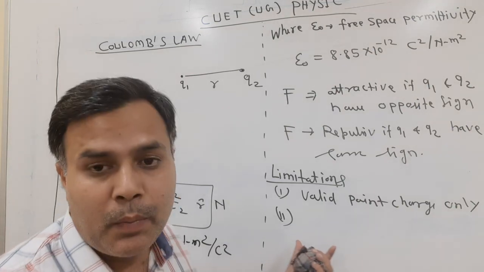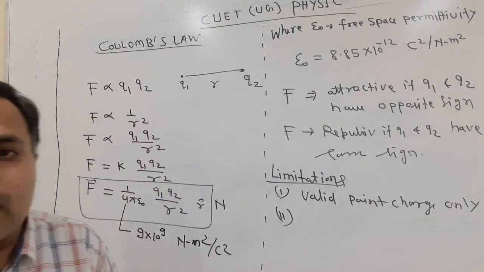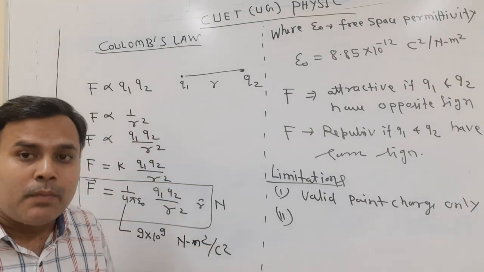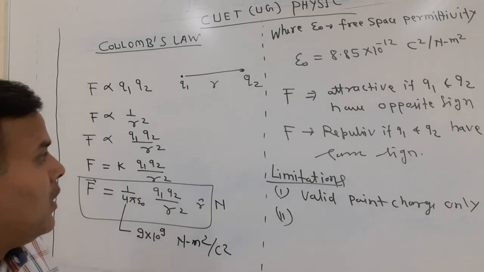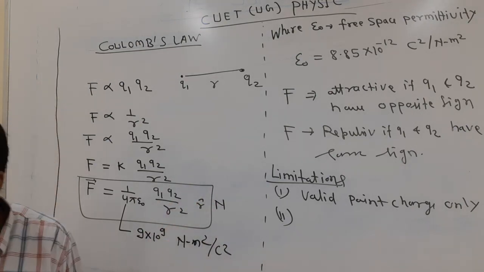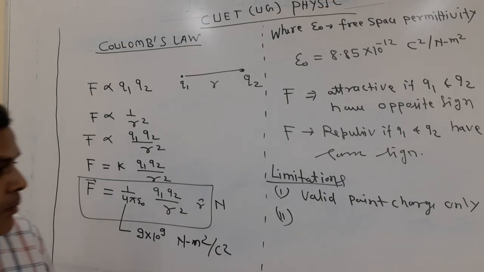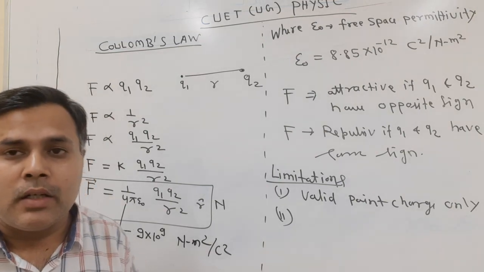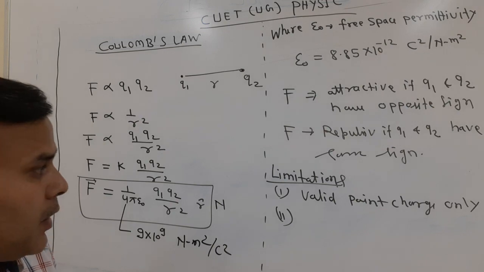It is difficult to apply to arbitrary shape charges, because for arbitrary shape charges the distance between the charges is different. So therefore it is not valid for arbitrary shape charges. It is only valid for point charges.